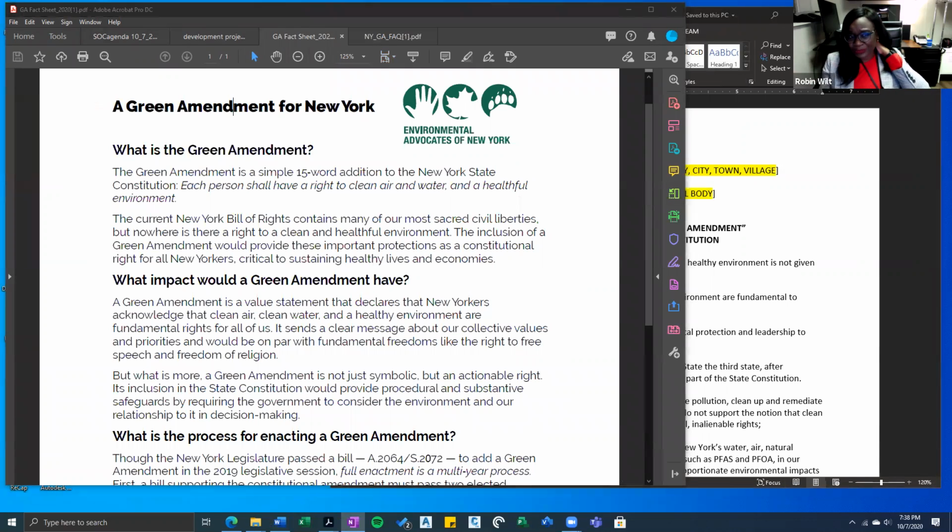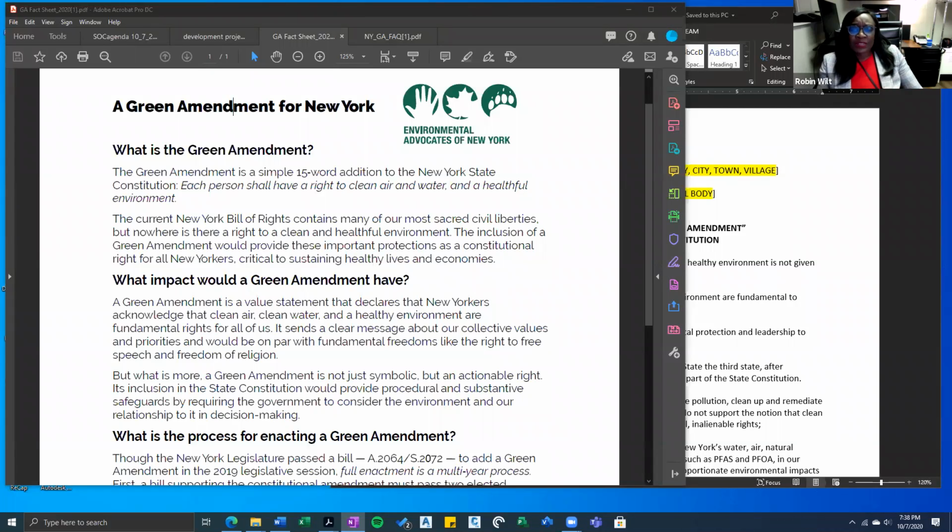Of course, many of our rights are enshrined in the New York State Constitution, but nowhere currently is there a mention of a right to clean water and air and a healthful environment.